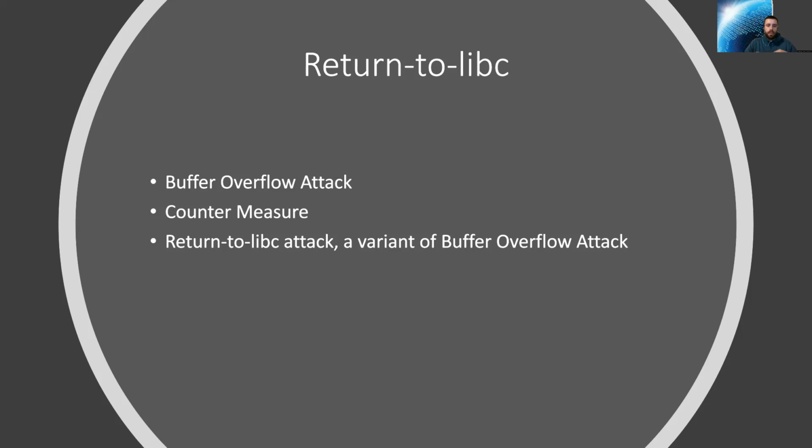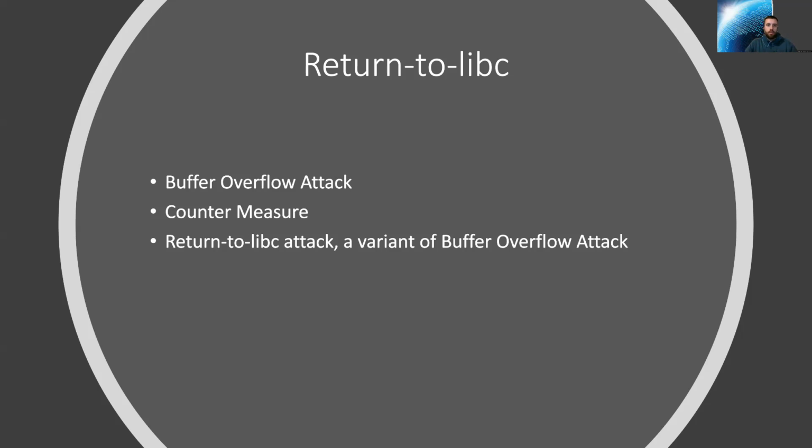But some of the security measures that modern operating systems have used is they've made the stack non-executable. So even if someone makes the code jump to the stack, they won't be able to execute it. Now, the return to libc attack shows that it's okay from the perspective of the attacker, because we can execute the attack without even executing anything on the stack.